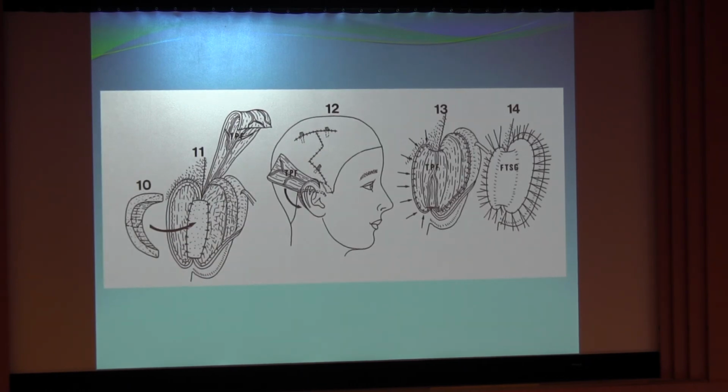And then Nagata used the temporal fascial flap, which I think is a lot of extra work and sacrifices the one backup that you have if you have a problem with your ear. So I think that's not something that I ever advocated.